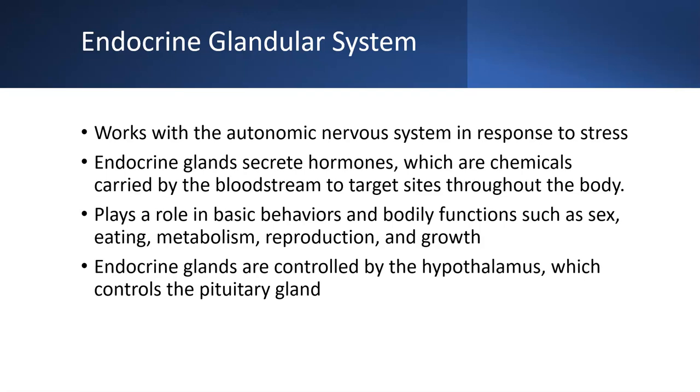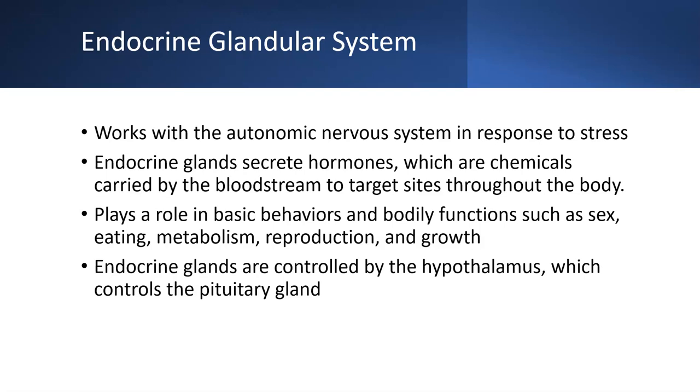Now, the way the system lays out, you have the hypothalamus, which is part of the brain. So it's housed within the nervous system, and it responds to information that the nervous system picks up from the surrounding area, and then gives instructions to the pituitary gland.